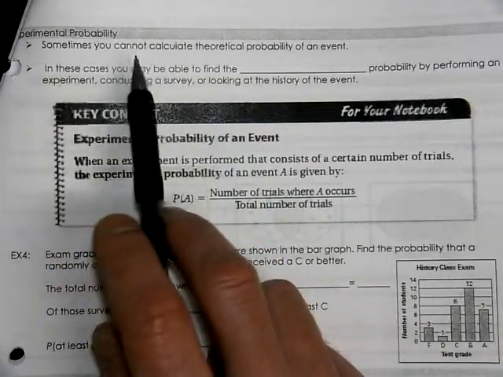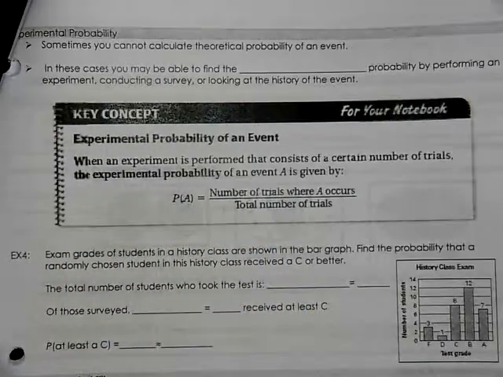You also have experimental probability, and that's by doing an experiment and seeing what you get, like flipping a coin. Flipping a coin, there's a 50% chance you'll get heads. But if you flip it 3 or 4 times in a row, could you possibly get heads 3 or 4 times in a row? And the answer is yes. If you flip a coin 1,000 times, it'll start to balance out.